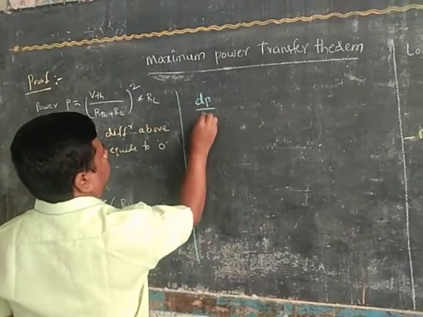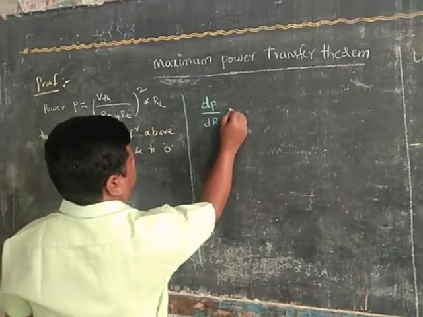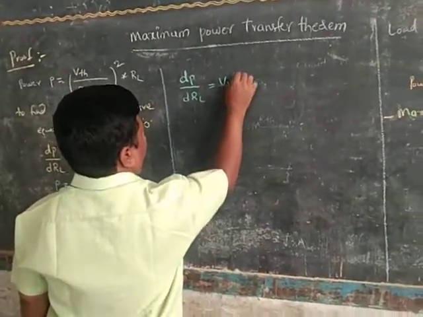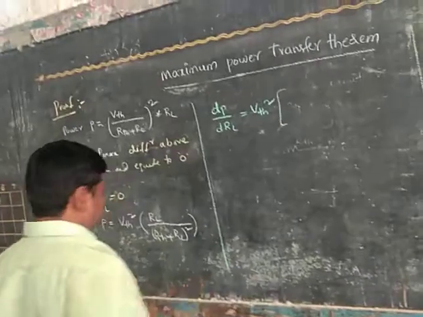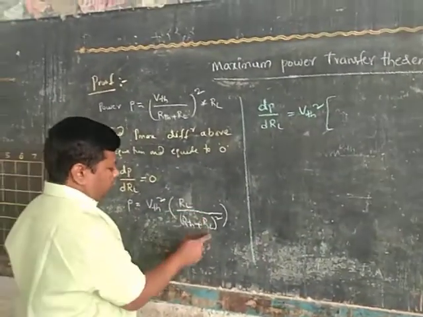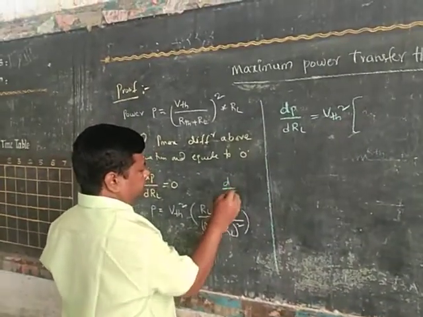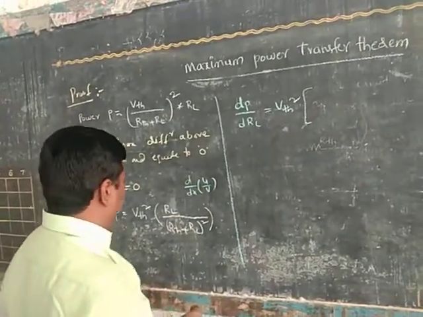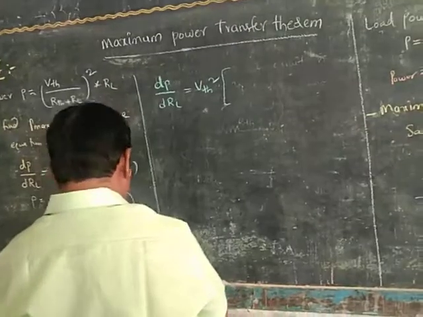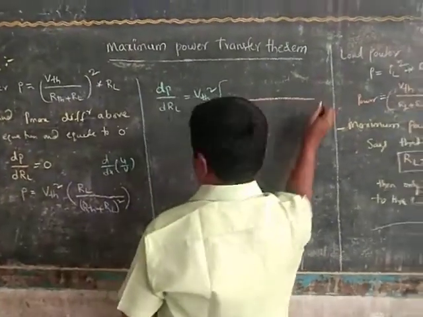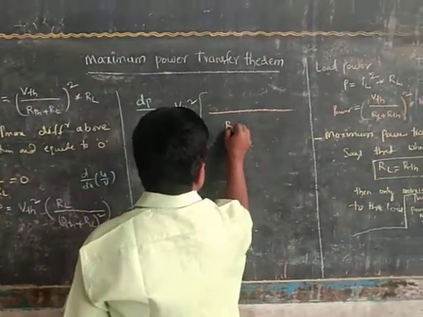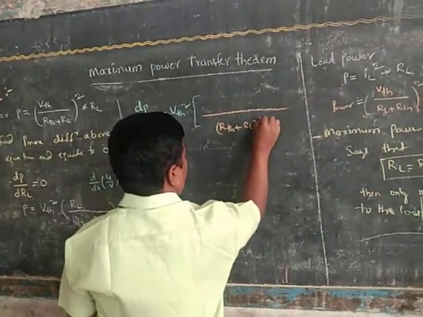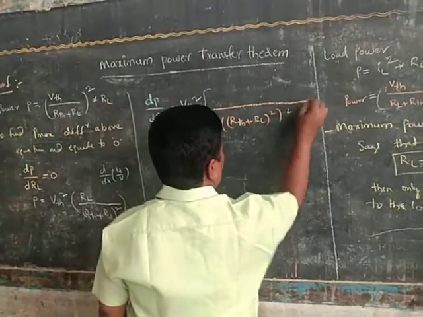Then dP by dRL is equal to V Thevenin whole square. Apply the u by v differentiation formula, that is v du minus u dv by v square. The denominator is R Thevenin plus RL whole square.